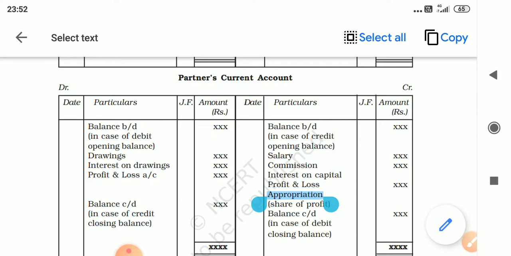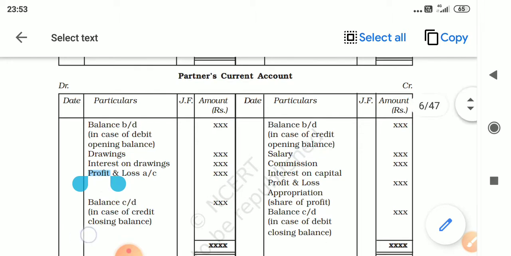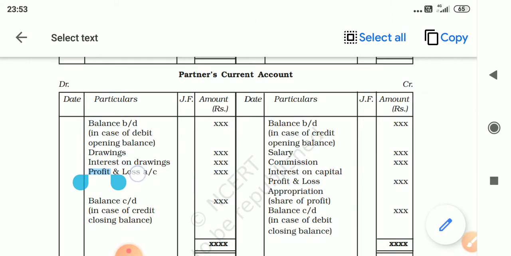So if the question asks you to maintain fixed capital account method, then all the entries are passed through partners current accounts. Similarly on the debit side, drawings and interest on drawings, and if you are having loss as per P&L appropriation account, that loss will appear on the debit side.